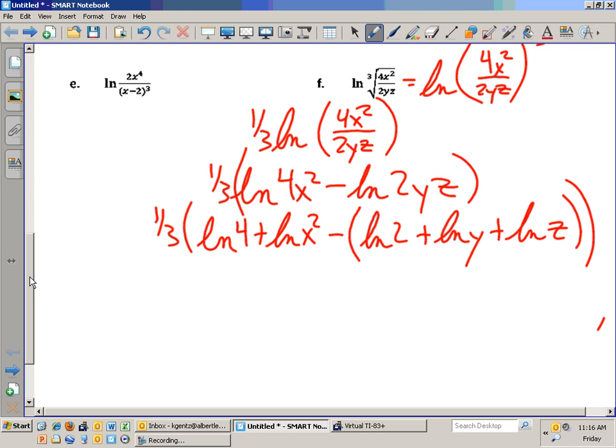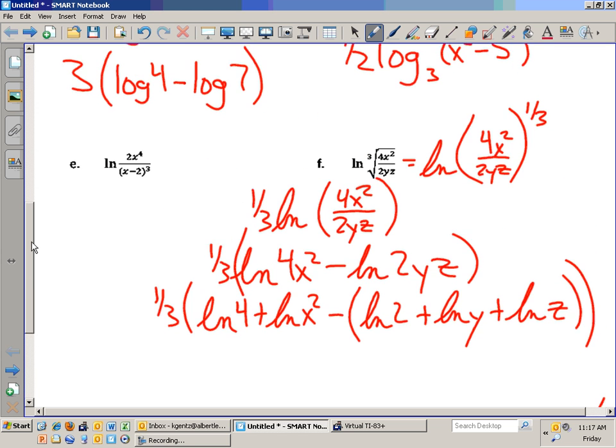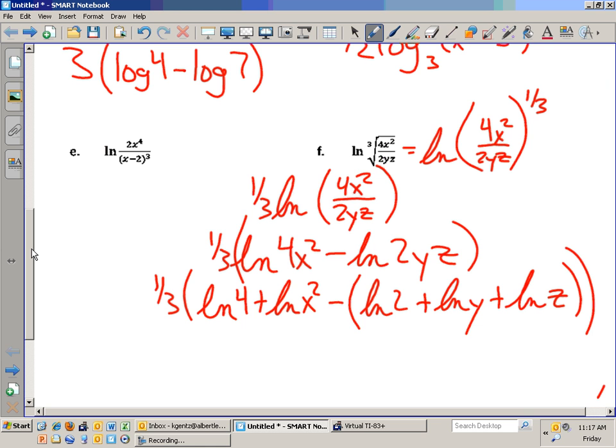Oh, okay. Good point. So this transition right here. Let's make sure we explain this correctly. True or false? The 4 and the x squared are both being taken to the 1/3 power. That is true. True or false? The 4 and the x are being squared. False.